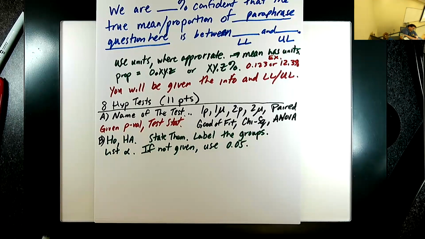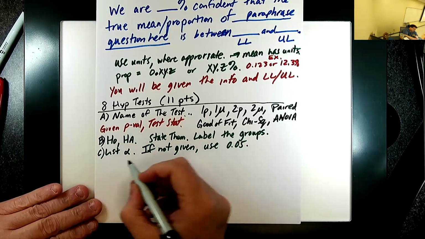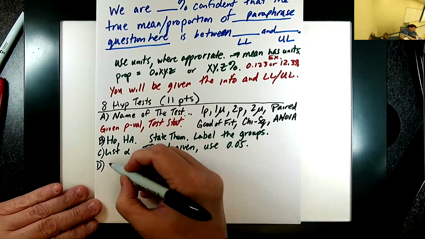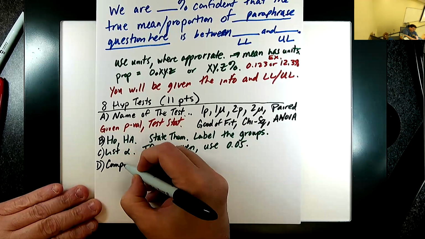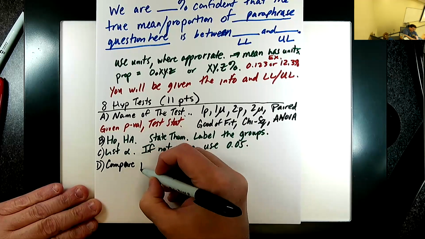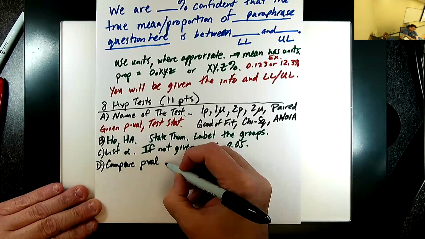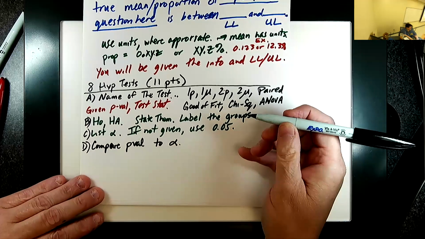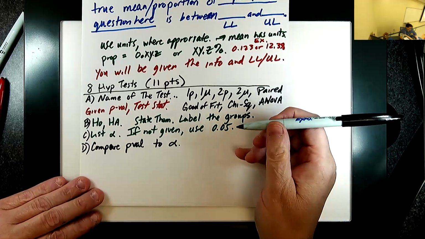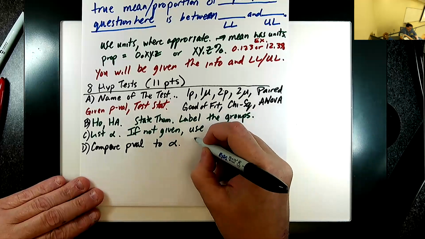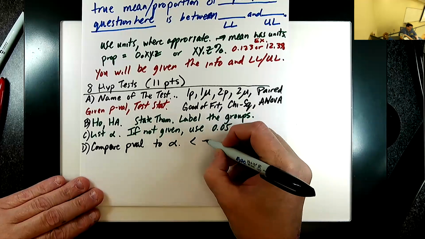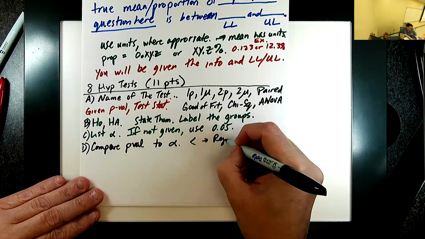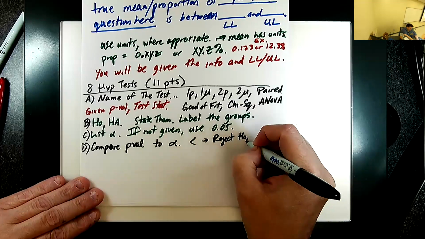So that's like C. D, compare p-value and alpha. If it's less than, I recommend you write reject H naught, support HA.